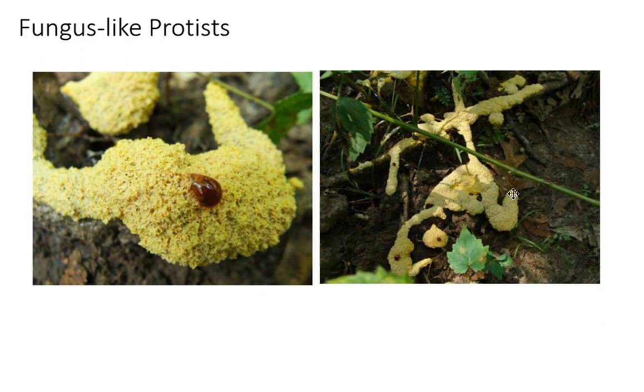Some other protists are fungus-like. These are heterotrophs that absorb nutrients from dead material. So they're just like a fungus in that regard, but they're not fungi. They don't have cell walls like fungi. Here's an example of a fungus-like protist called a slime mold. They're kind of a gelatinous structure.